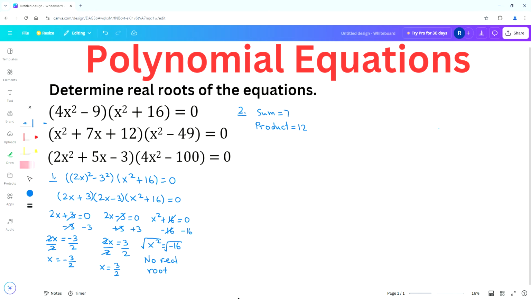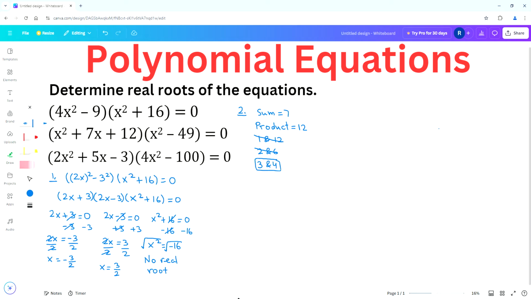The first pair of numbers that comes to my mind are 1 and 12, but we cannot get a sum of 7, so this pair is out. The next pair of numbers that comes to my mind are 2 and 6. But we cannot get a sum of 7 from these numbers, so this pair is out. The next pair can be 3 and 4. 3 and 4 add to 7, so this is the pair of numbers we are looking for.